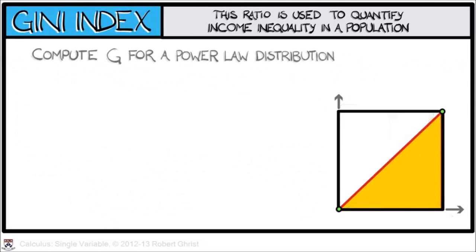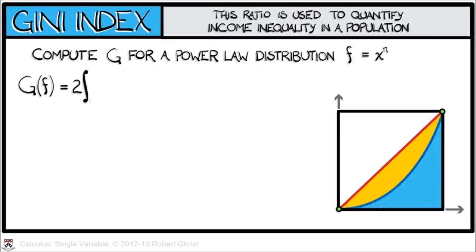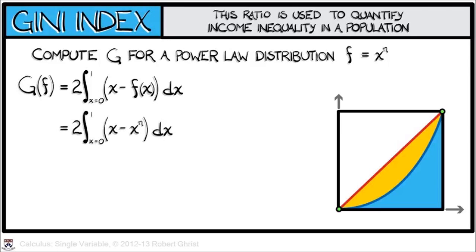Let's look at this in a specific example. Let's compute the Gini index for a power law distribution, assuming that income is distributed like a polynomial, x to the n. Then, what would we get? Well, we integrate x minus f of x from 0 to 1 and double it. Well, that integral is almost trivial.